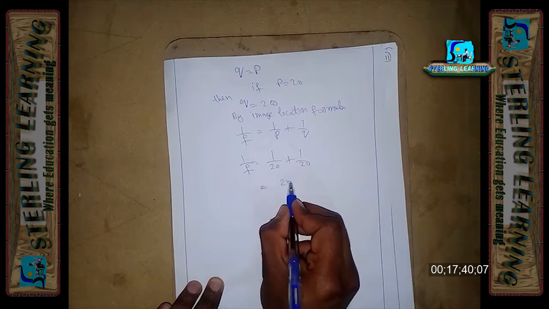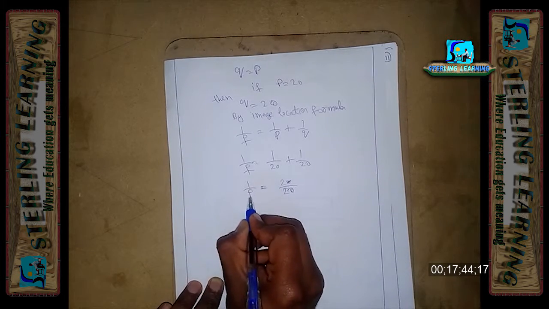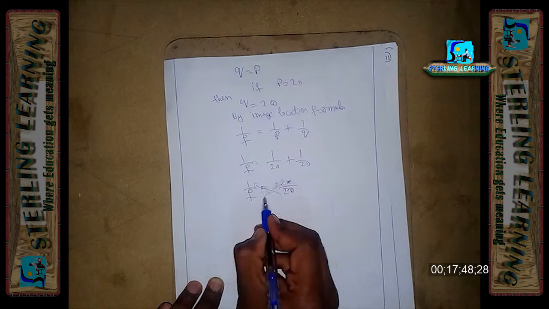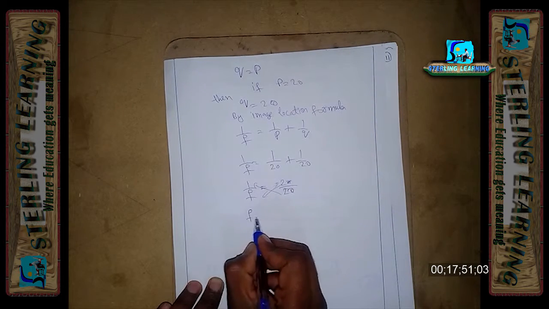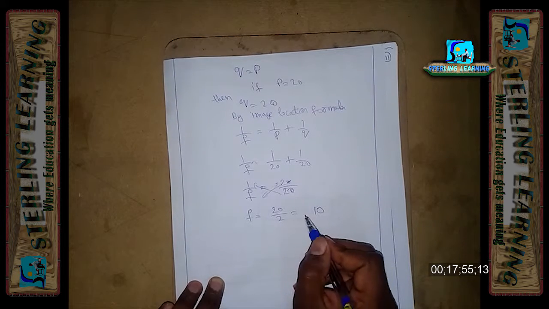We have 2 by 20, 1 over F. F goes there, this comes here, and this goes there. So F is equal to 20 over 2, which comes out to be 10.